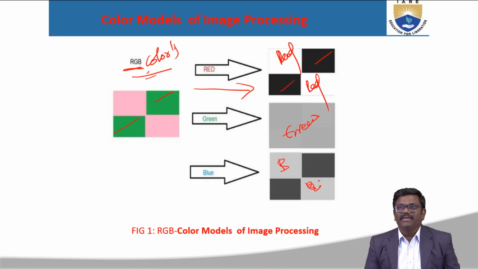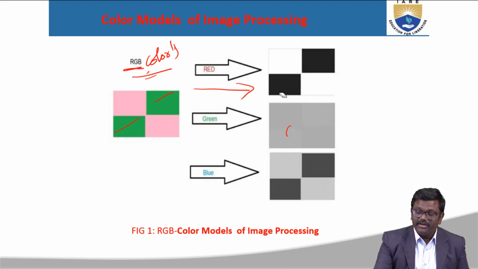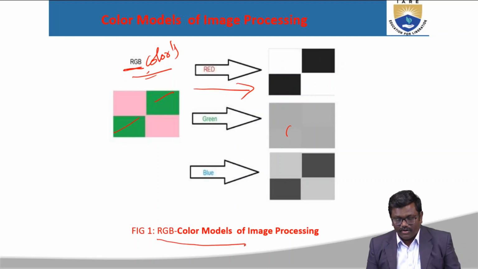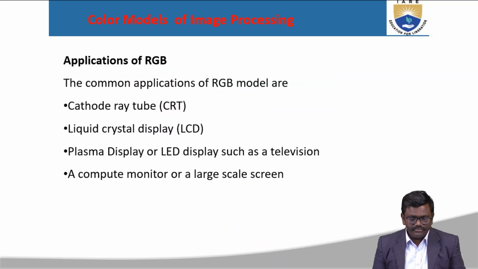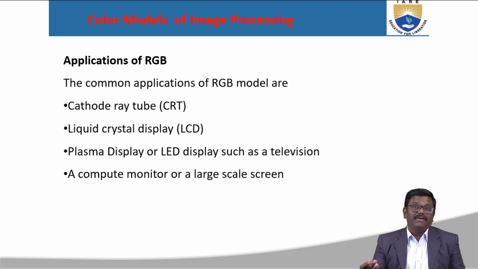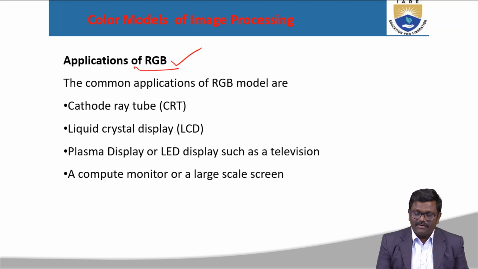What you need to understand is that the required colors of the models are formed in terms of the RGB color model. And second, once we understand such color models, we convert from primary to secondary colors to form the required image. That is the application of RGB colors, and these are the common applications of the RGB model we are going to concentrate on.